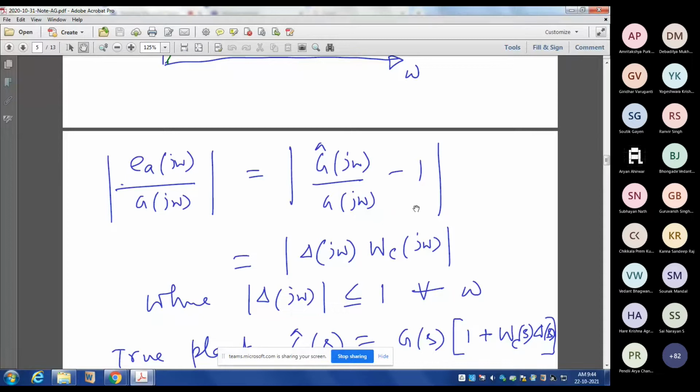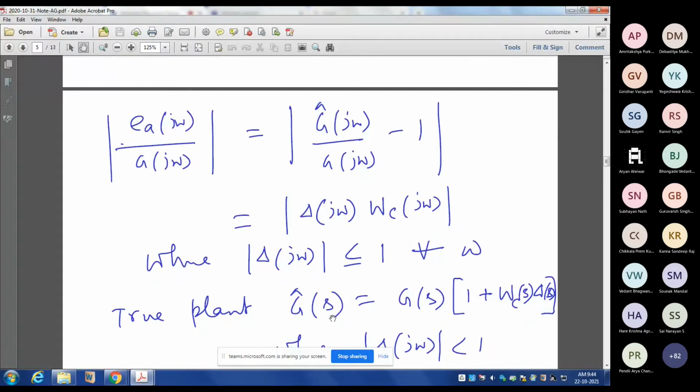The transfer function of the true plant, following this equation, you can represent like this: G hat s minus Gs divided by Gs equal to delta s into WC s.